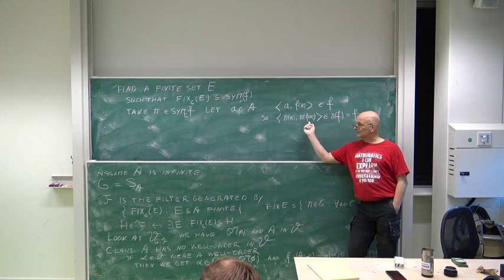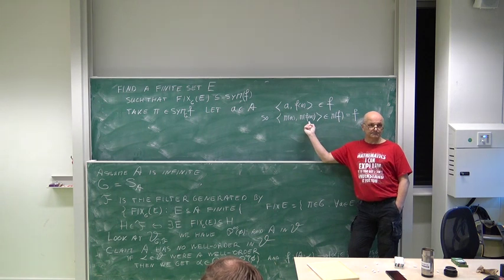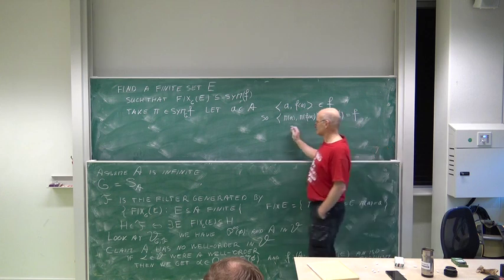What can we say about this point? What's the value here? It's just F(A) because it's in the kernel.